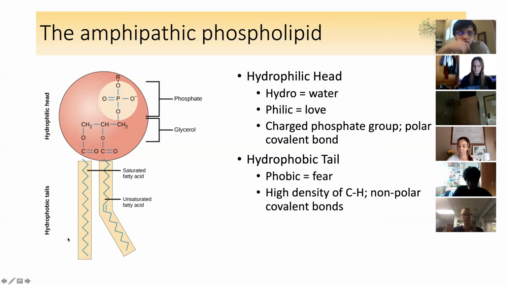And then it will have these tails, and the tails we'll see can vary in length as well as their saturation levels. So sometimes we will see those double bonds, which will create some kinks in these phospholipid tails, which is actually going to help give us some different support and fluidity in our membrane. All right, so this is just kind of a review from last week.